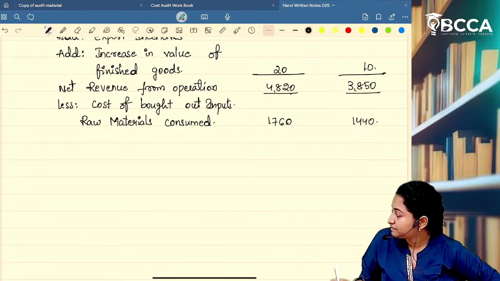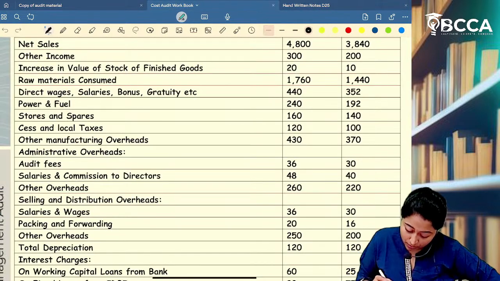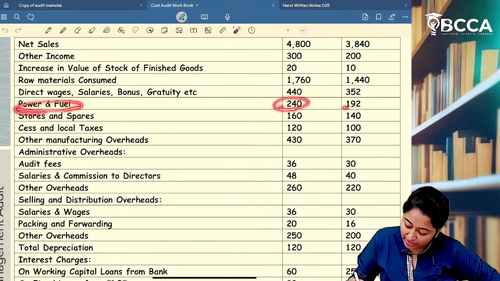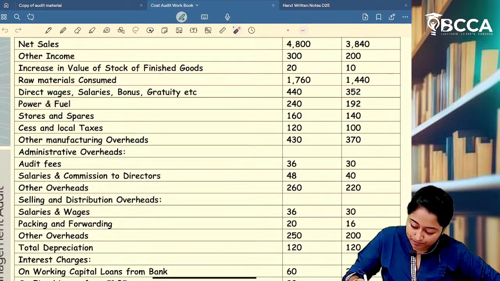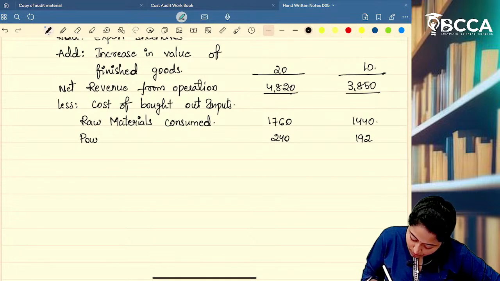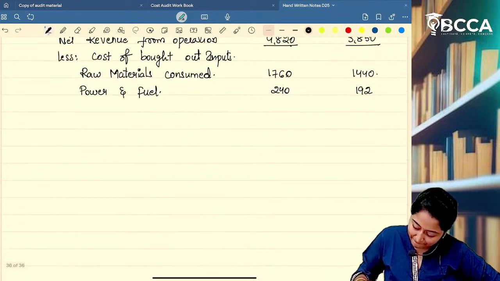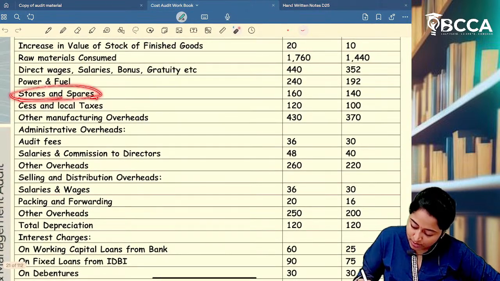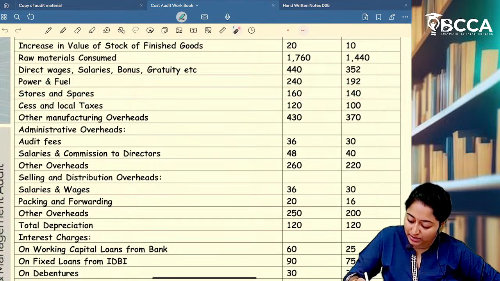Clear? Now, after that, what is there? Power and fuel. It is 240 and 192. And after that, stores and spares, 160 and 140.